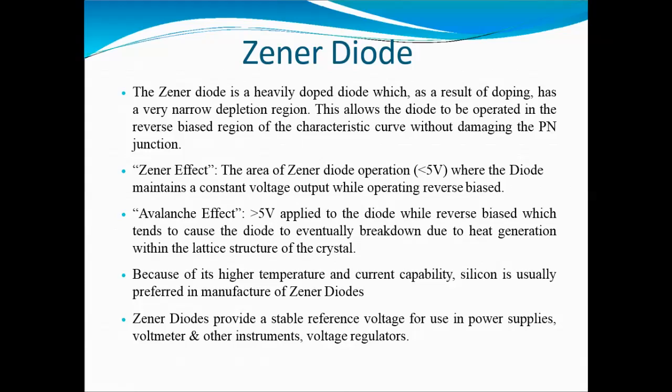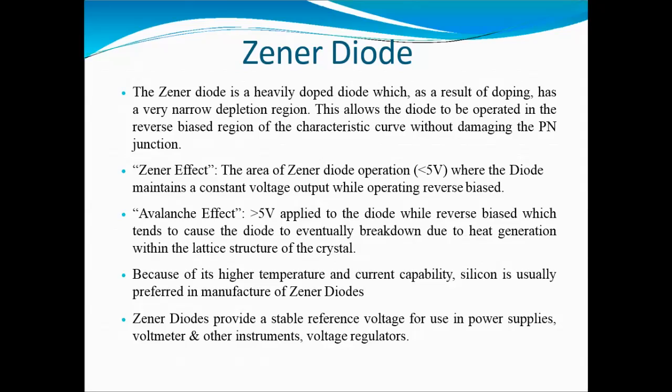Okay, next, the Zener effect. What is the Zener effect? It is the area of Zener diode operation lesser than 5 volts, where the diode maintains a constant voltage output while operating in reverse bias. That is one point. Next, the avalanche effect, greater than 5 volts.